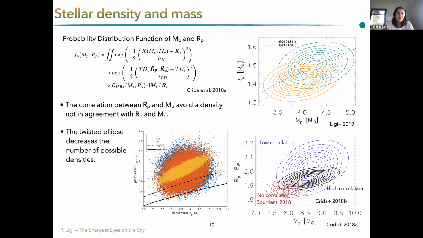In a previous estimate, we had a low correlation because the transit depth was not known very precisely. And if you don't calculate the correlation in the PDF, you have no correlation, and you see that the density without the correlation doesn't correspond to the density with the correlation.